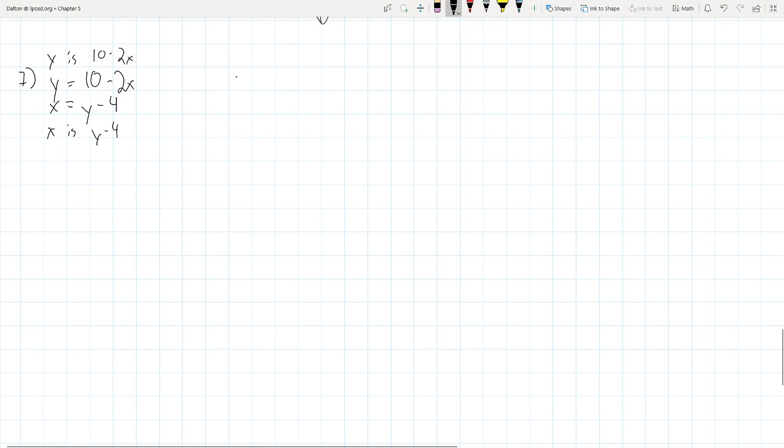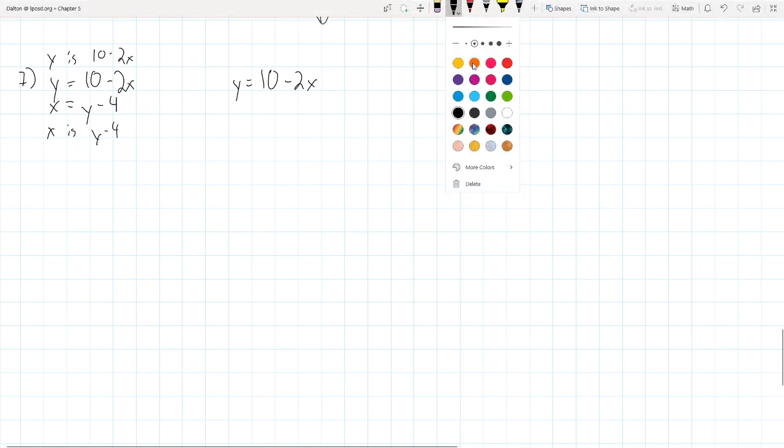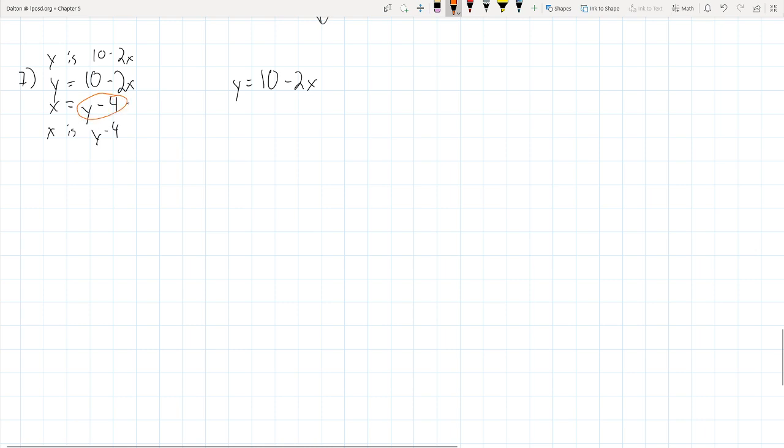And so we're going to use that idea. If I have this y equals 10 minus 2x, instead of x, I'm going to take this and plug it in.